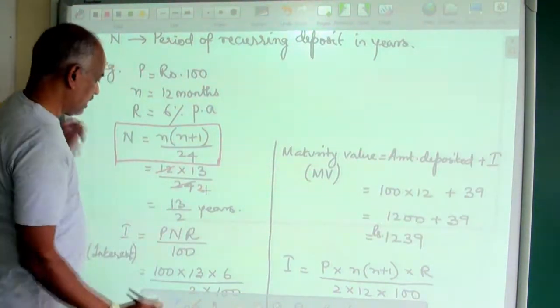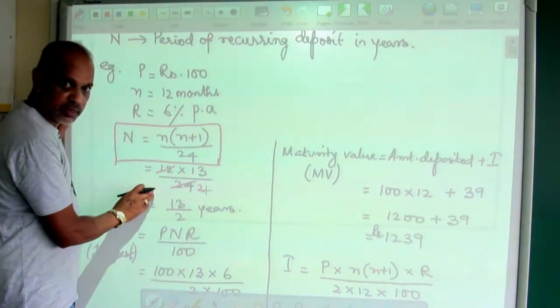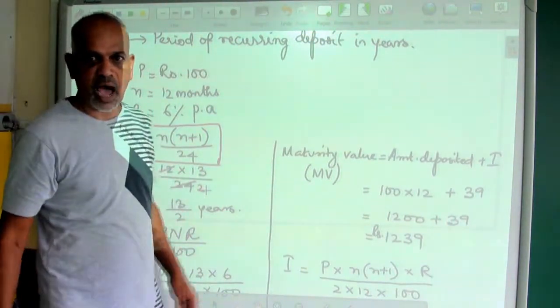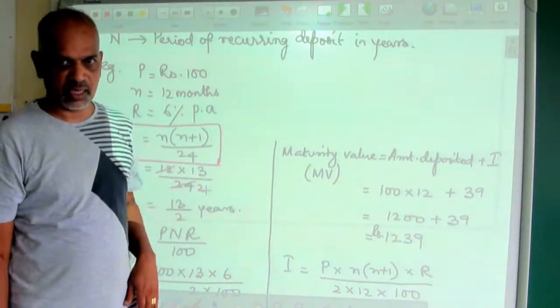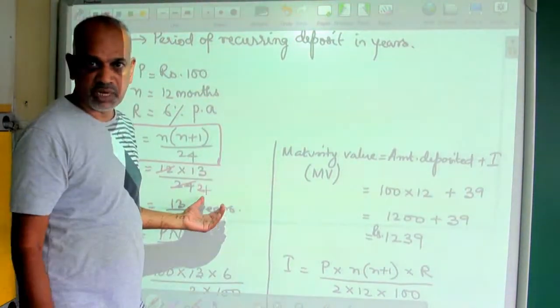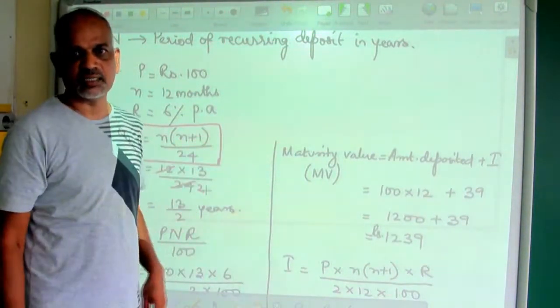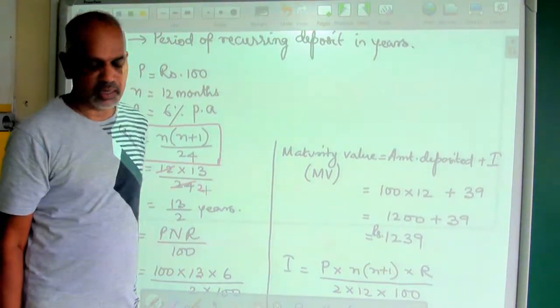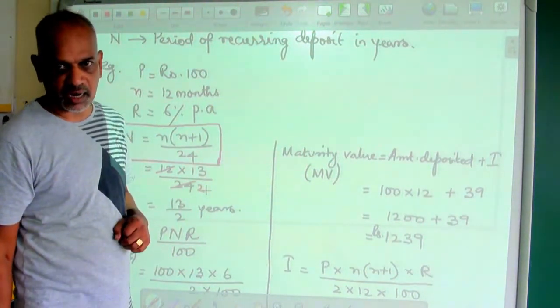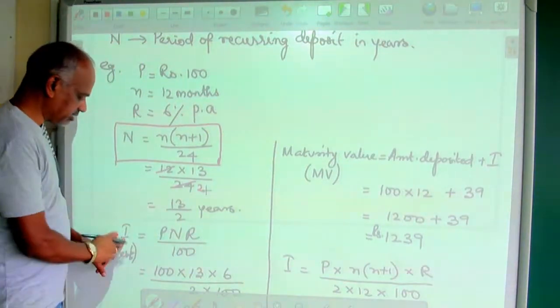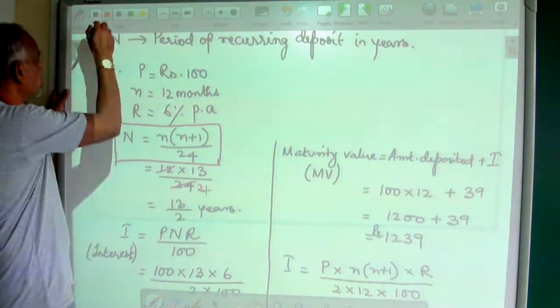Now after you find capital N, you are going to calculate how much interest you are going to get for this period of time. This is the simple interest formula. You know simple interest is PTR by 100. Here we don't have T; instead of T, you have capital N. So this is the second formula that you will come across.